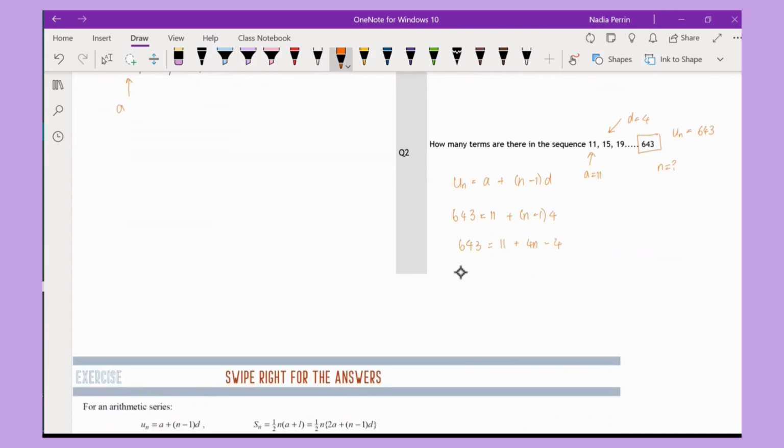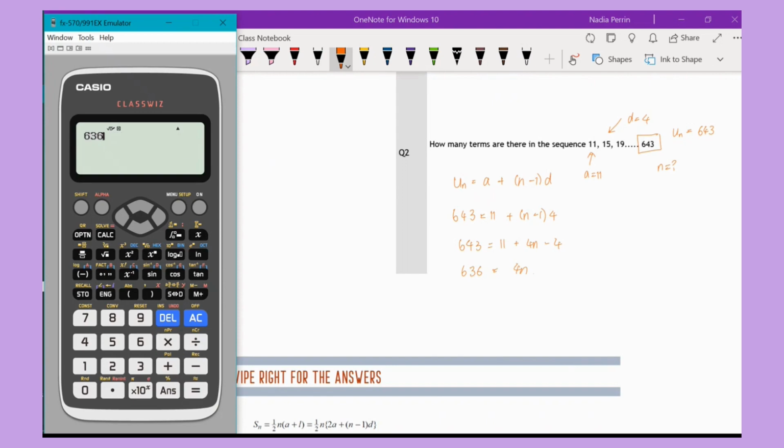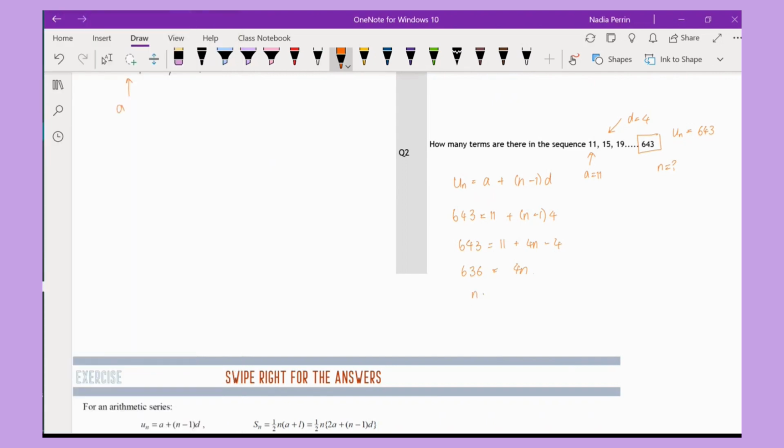I'm going to move the 11 and the 4 over. So if I add 4, I get 647, subtract 11, I'm going to get 636 is equal to 4N. And then I'm just going to go 636 divided by 4 is 159. So the 159th term is 643.